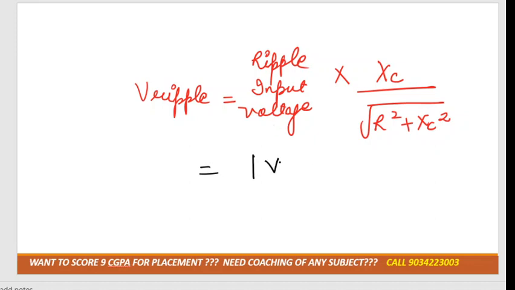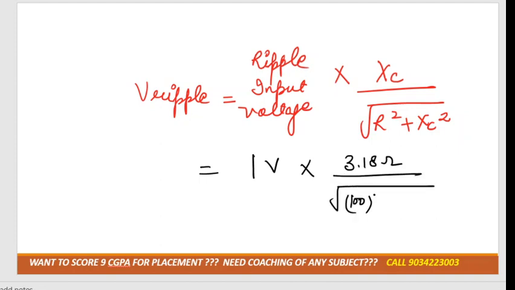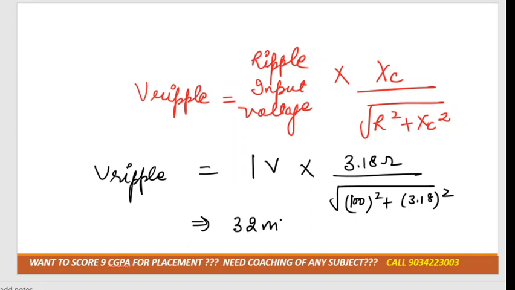Input voltage is 1 volt, Xc is 3.18 ohm, divided by root of R, which is 100 square plus 3.18 square. After calculating, we get a ripple voltage of around 32 millivolt.